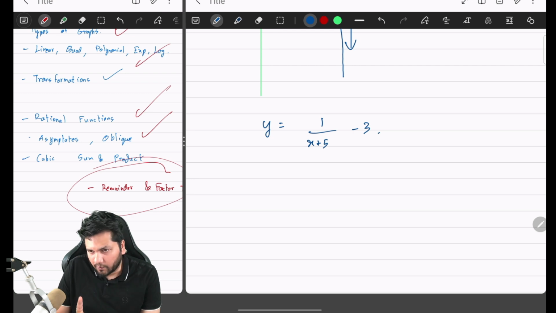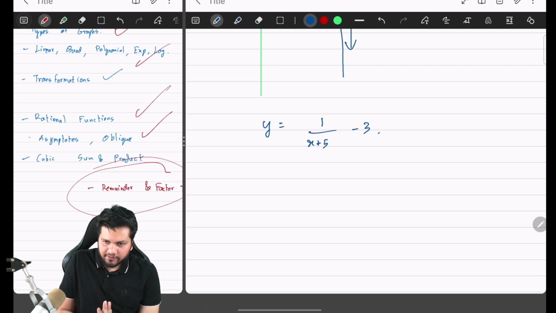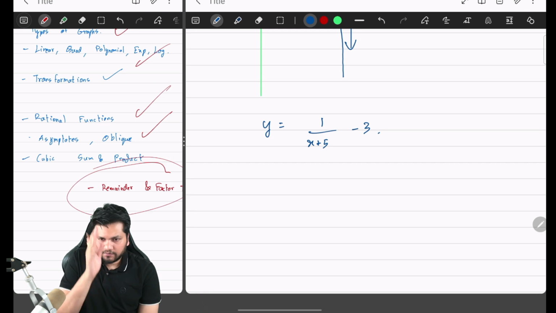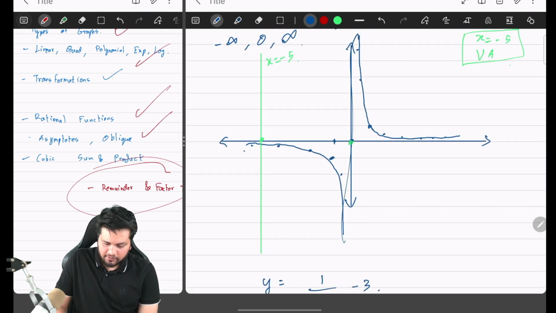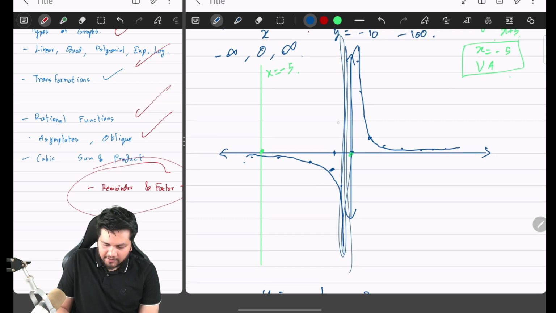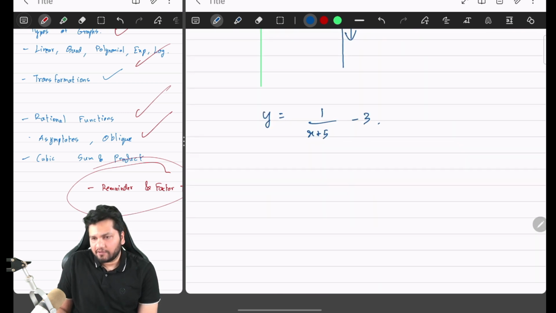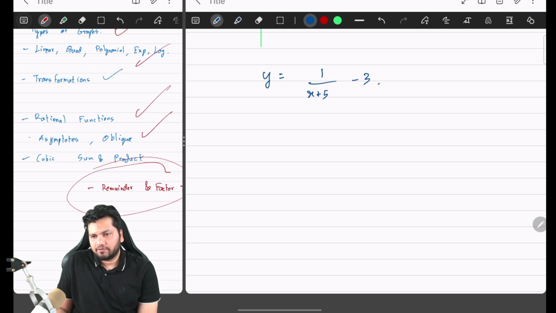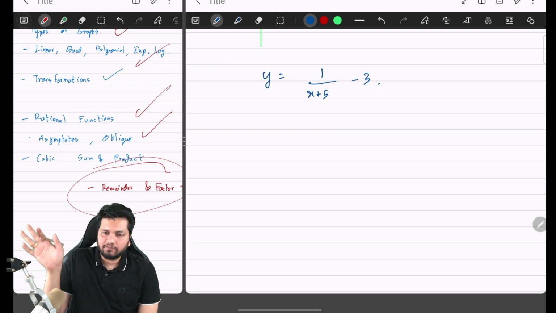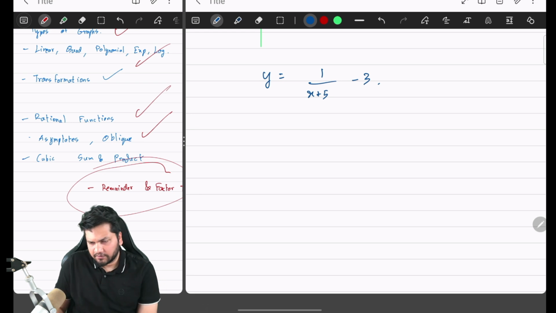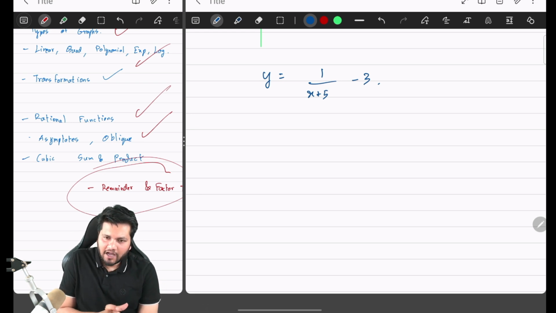But if I go for the horizontal asymptote, see, when the output is infinity at a certain value, that is your vertical asymptote. As you can see, the output is going towards infinity here. But if I put the input value as infinity, like x is equal to infinity, a huge number, negative infinity, positive infinity, does not matter. If I put that value, and the output is going towards a constant, that is nothing but your horizontal asymptote.